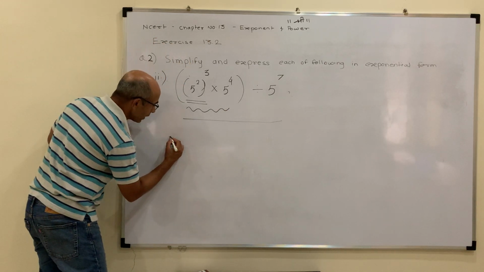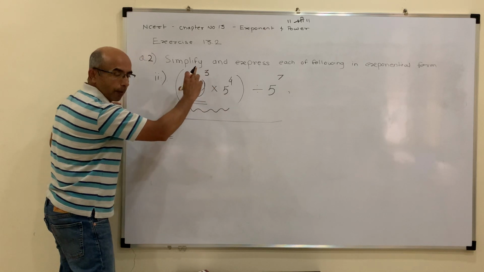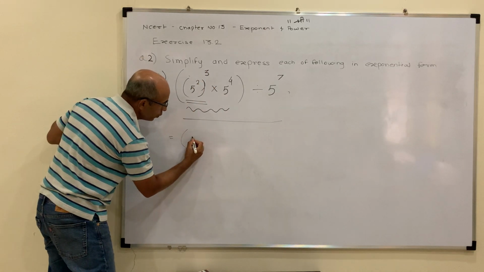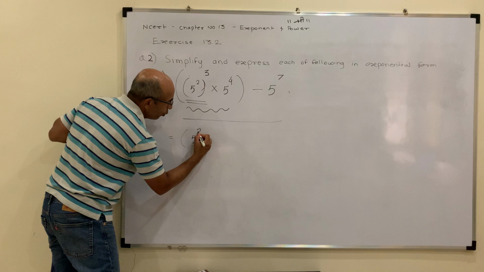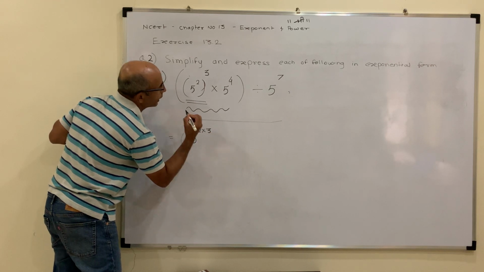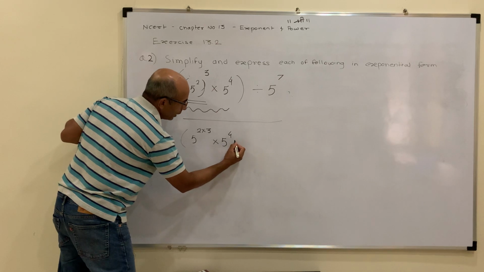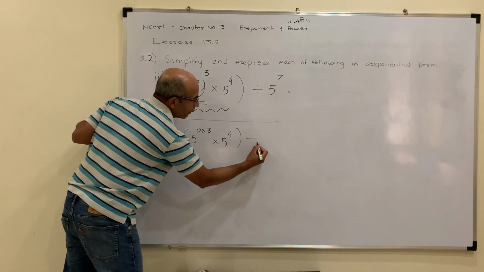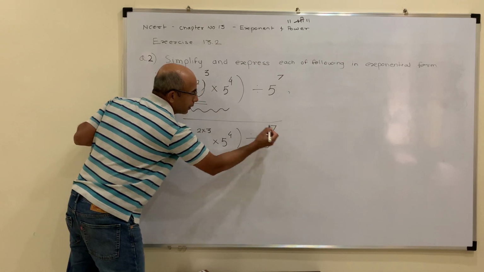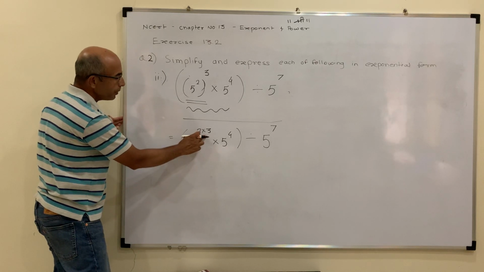Now the power of power rule we need to apply. 5 raised to 2 into 3, and then 5 raised to 4 divided by 5 raised to 7. So power of power means multiplication.